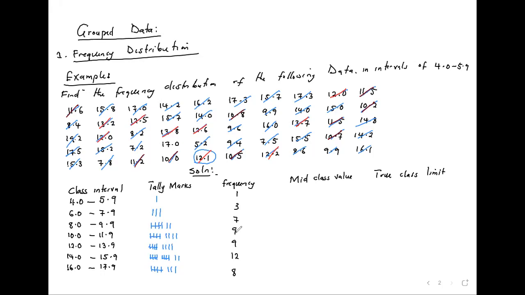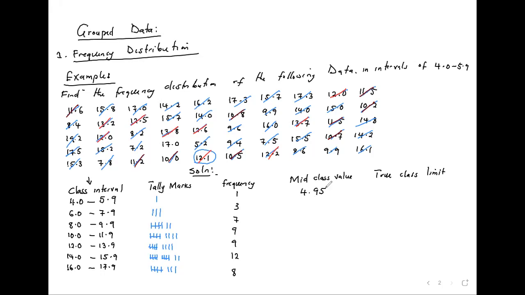Then you get what we call the mid-class value. You go to the class interval here. Since you have two numbers, you add those numbers. So you add 5.9 plus 4, and then divide by 2. The number you get is the mid number, 4.95.